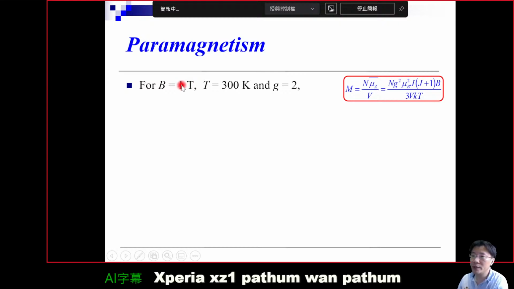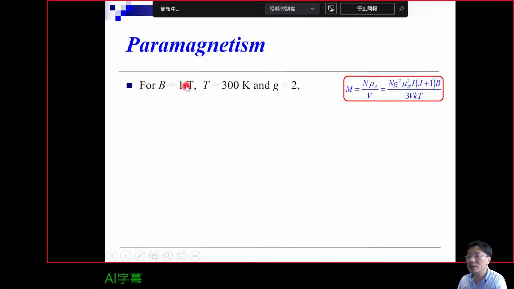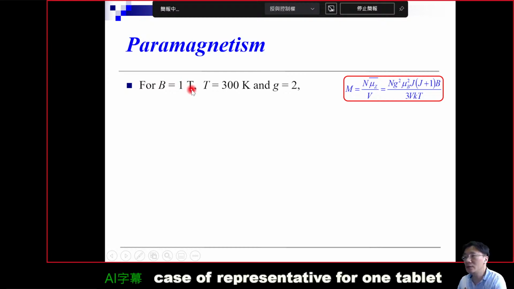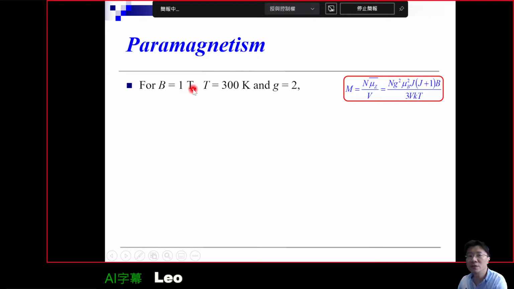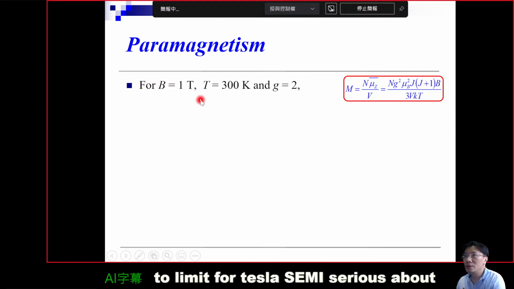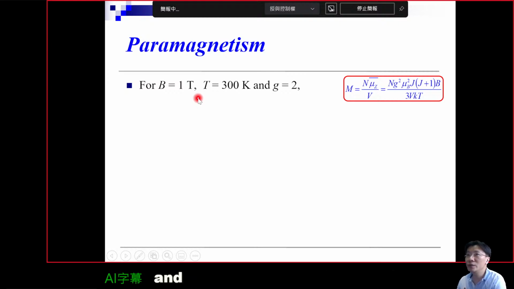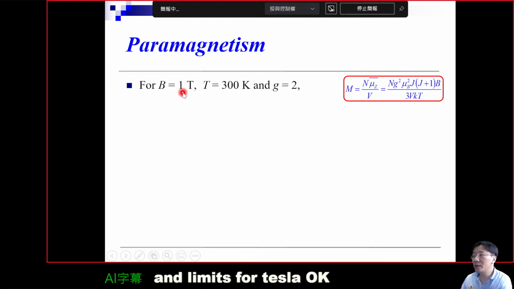The magnetic field created by Earth in the Zhongli area is probably 0.4 Gauss, and 1 Gauss is 10 to the minus 4 Tesla. So the magnetic field created by Earth in the Zhongli area is about 4 times 10 to the minus 5 Tesla. Okay, so that would be very weak.